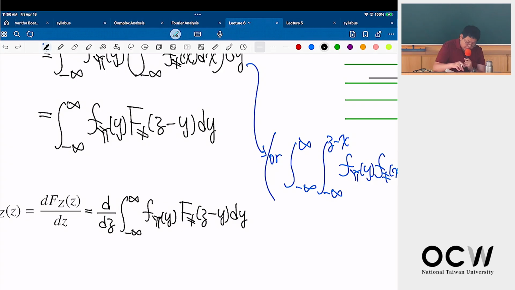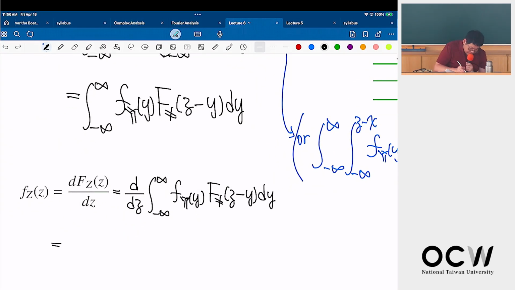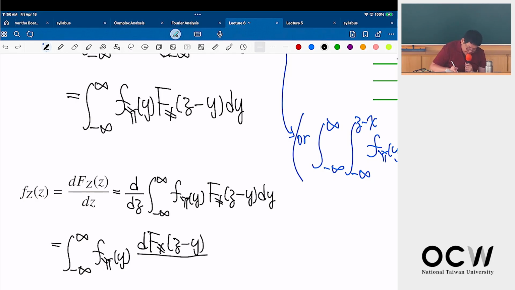So for z, I still have a PDF of y, and here I have the derivative of the CDF of x at z minus y, dz dy.